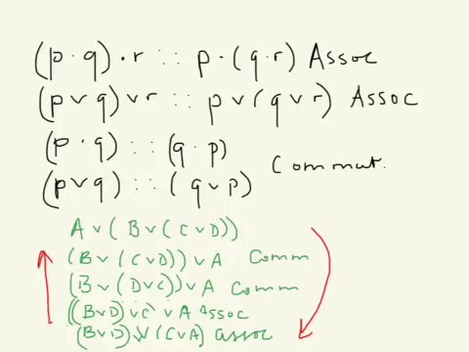Now, the handout ends with a couple of easy questions. I want you to ponder for a moment. Is A if and only if B commutative, that is to say, is this true? Can we generally say that P if and only if Q implies Q if and only if P?